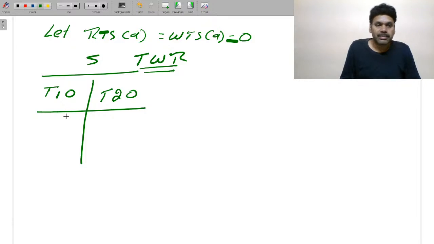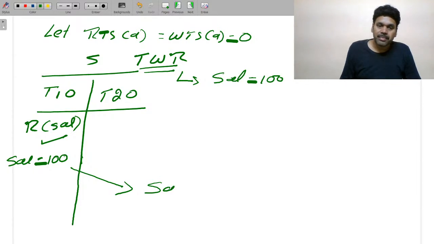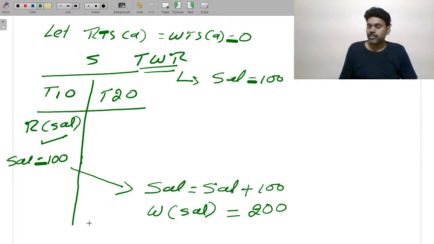Observe friends. So I say salary is equal to 100. When I say read salary, this is fine. Salary is equal to 100 you will get. This is shared. Salary is equal to sal plus 100. Write of salary, this becomes 200.